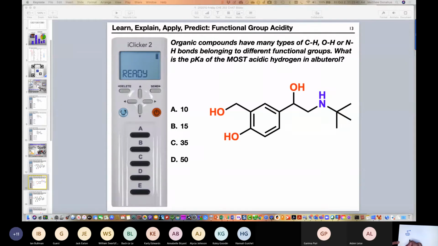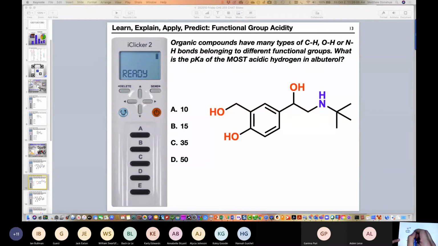I'm going to use just two very broad examples. Here's one example where the OH is bonded to a ring, and then this would be like ethanol, where the OH is just bonded to an sp3 hybridized carbon.